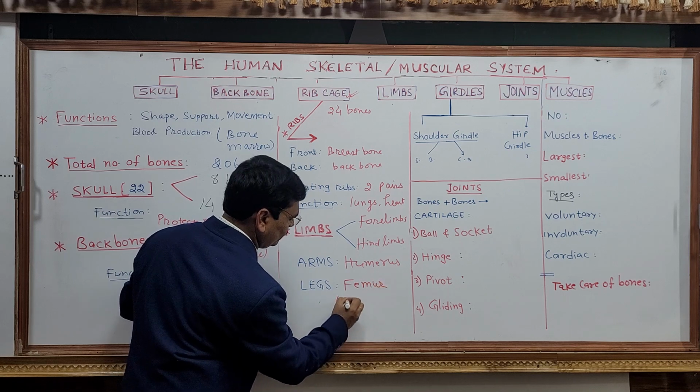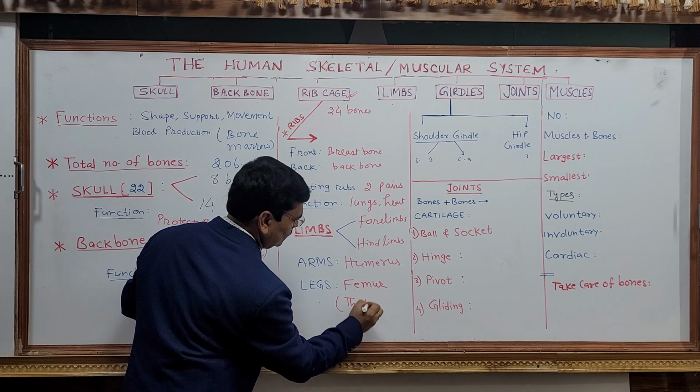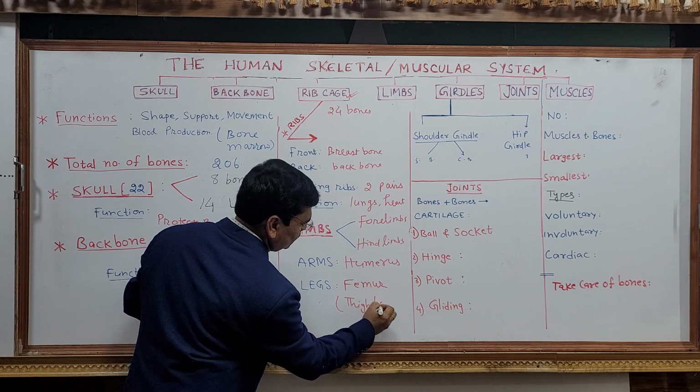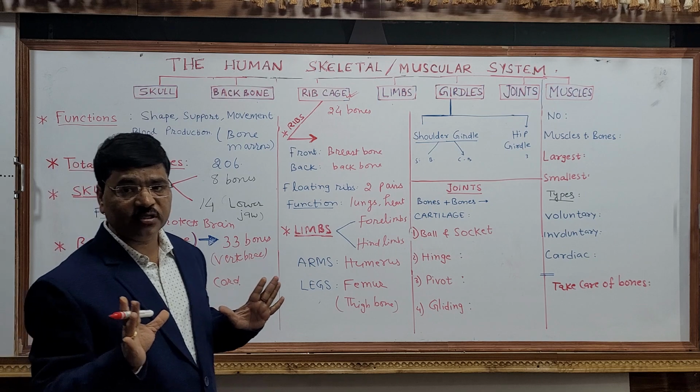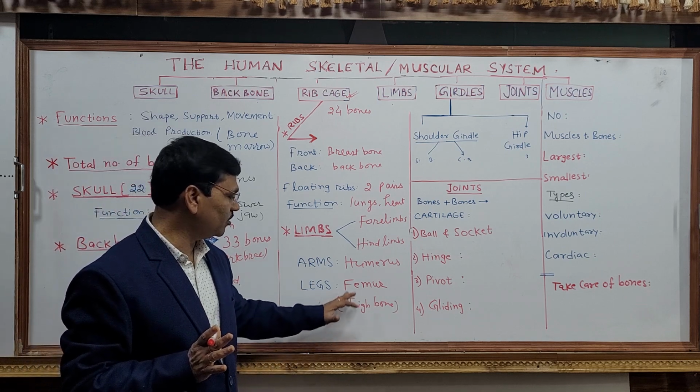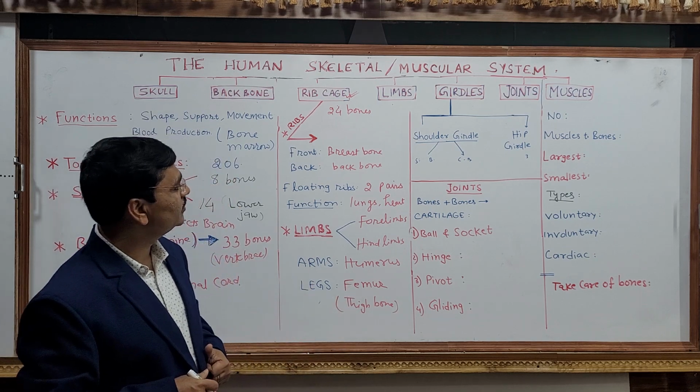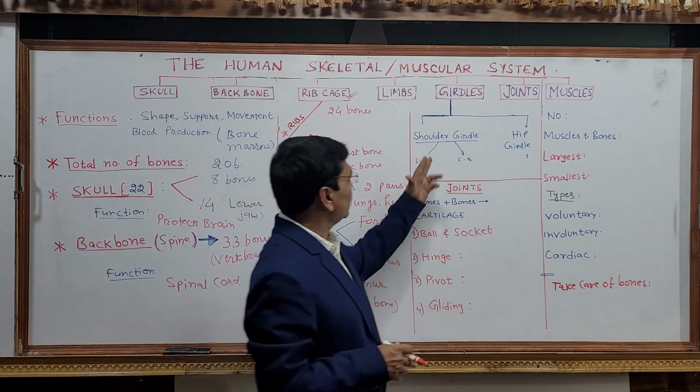Commonly it is called a thigh bone. And I can say that this is the biggest bone of the human body, the thigh bone or the femur. Correct? Next we come to the girdles.